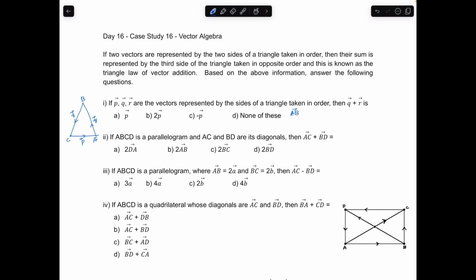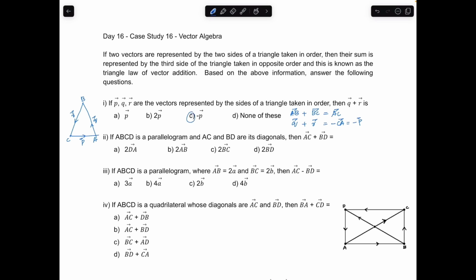AB vector plus BC vector is equal to AC vector. Q vector plus R vector is equal to minus CA, which is equal to minus P. So the option is C.